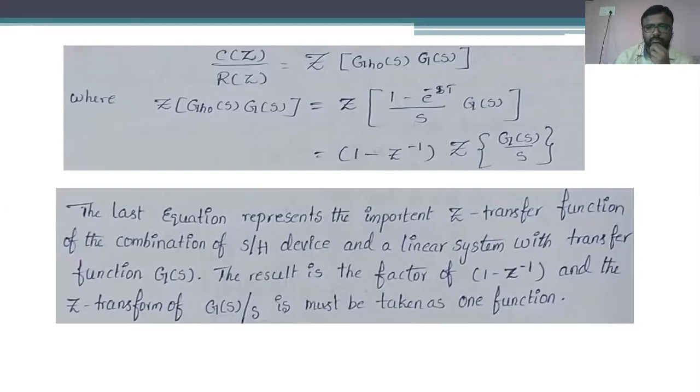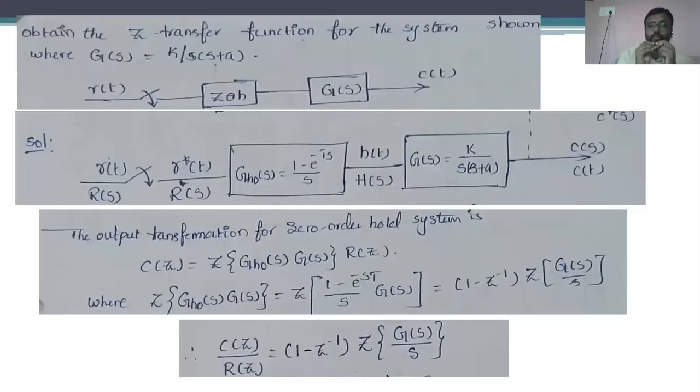Next, we have seen many problems regarding open loop systems as well as closed loop systems. Let us suppose this is the problem representing the open loop system: a zero order hold circuit in the cascaded position to the given system G(s), where G(s) is a discrete data system represented by K/(s(s + c)).